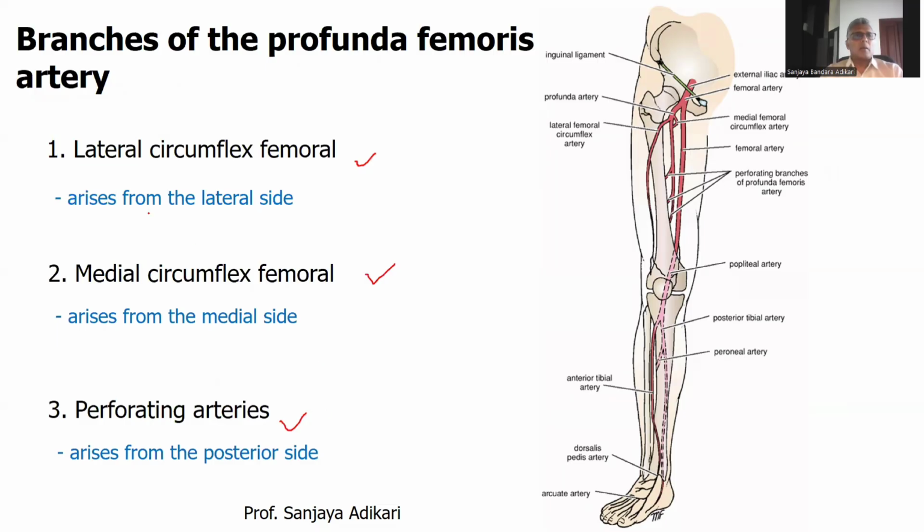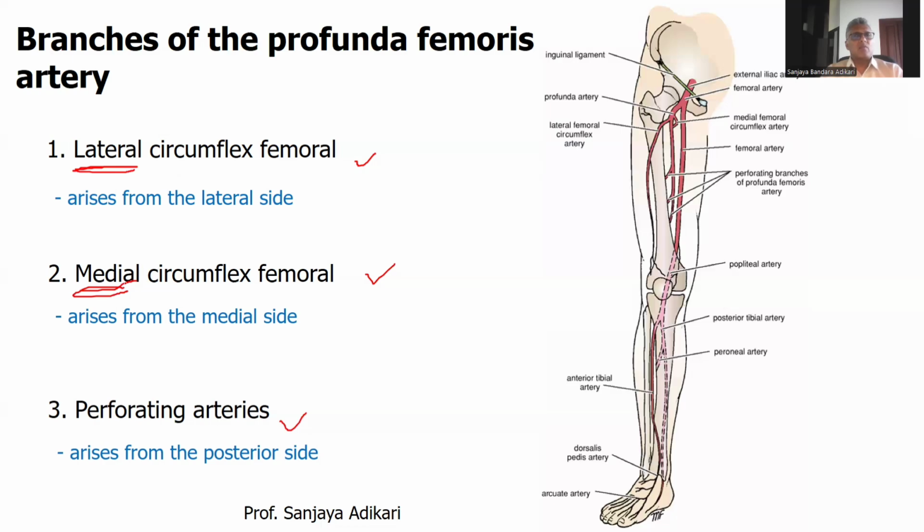Now, when naming these arteries, the lateral circumflex femoral and medial circumflex femoral are named because of their origin from the femoral artery. One that takes origin from the lateral side of the artery is called lateral circumflex femoral.